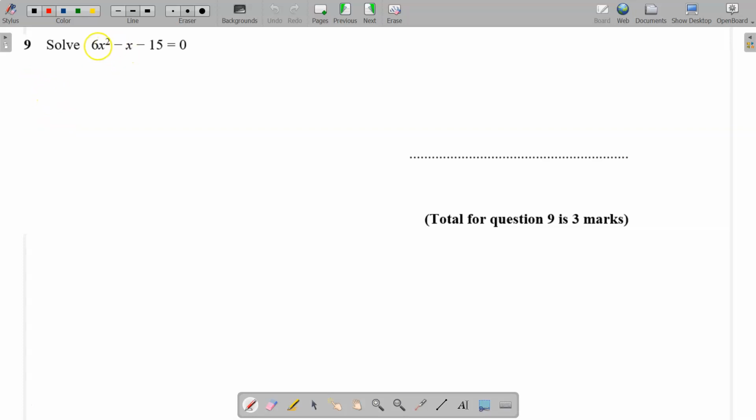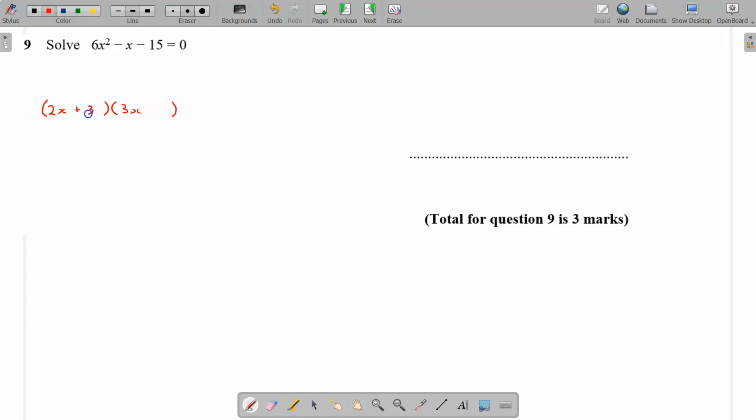And to get the 6x squared, you're either going to come from 3x and 2x or 6x and x. In fact, it's quite quick to discover that if you have 2x and x and 3x, it works, okay, with the plus 3 and a minus 5.